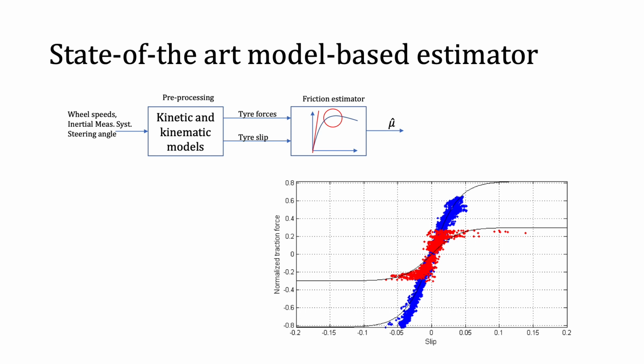This is a typical example of how friction is estimated by a model-based design. First, there is pre-processing using wheel speed sensors, an inertial measurement system and a steering angle sensor. By using physical models, both kinetic and kinematic, tire forces and tire slip can be estimated.